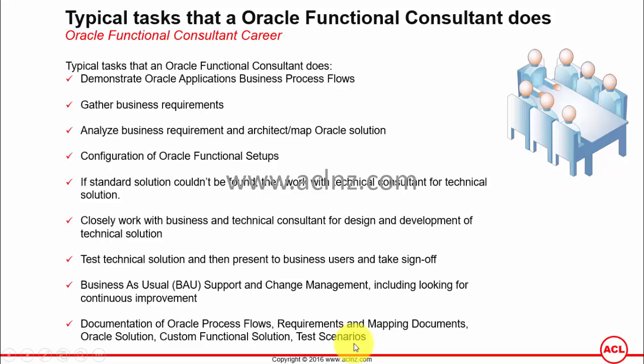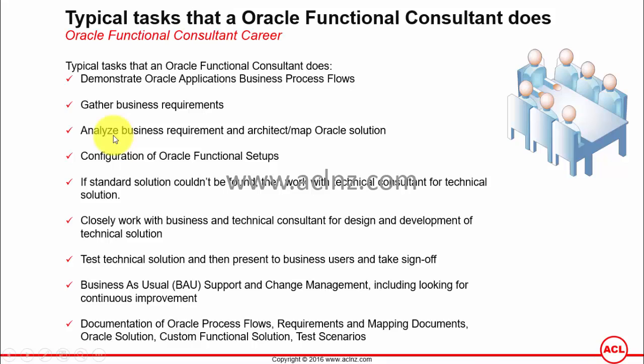So test scenarios here means not only testing the custom Oracle solution that's been provided, but also the end-to-end application functionality and testing the entire business process flow in Oracle applications, whether that works or not, along with the customized solution.